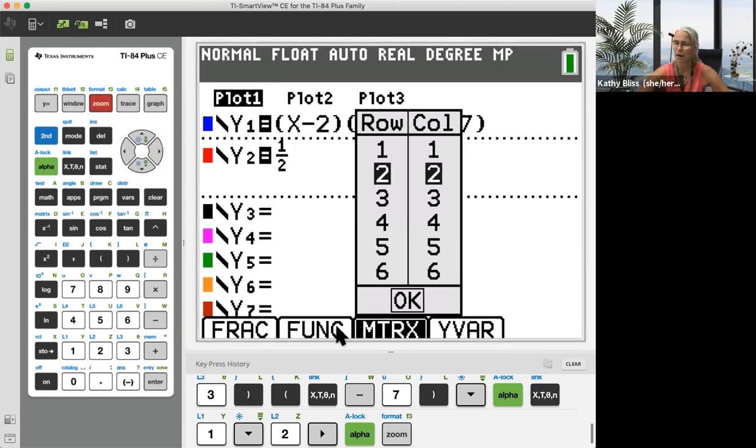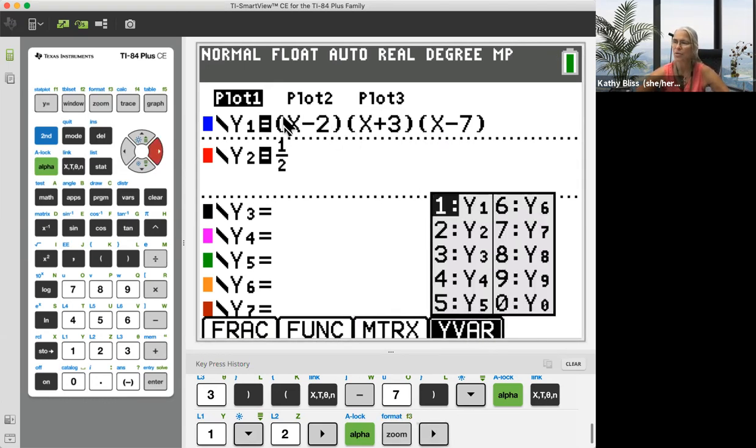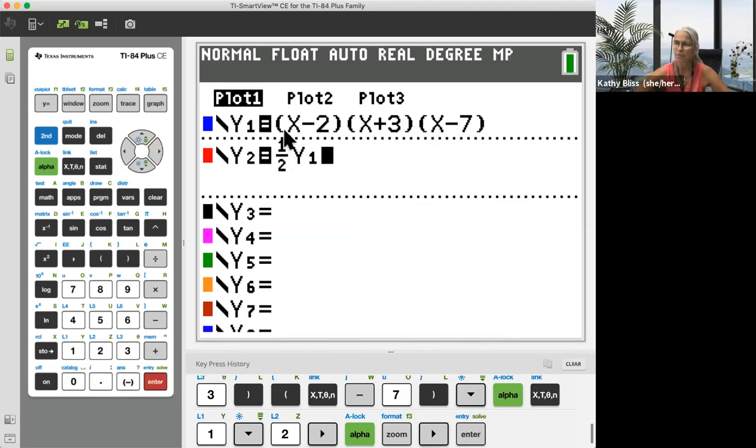So I'm going to use my arrow key to see over here where it says Y vars. And I know that this whole thing is in Y1. So I'm going to just type Y1, because (x minus 2)(x plus 3)(x minus 7) is all Y1. So it's really just 1/2 of Y1. And again, if you'd rather, you can just type all of this in. So again, you can go back and look at the video to see how I did that if that was too quick for you.